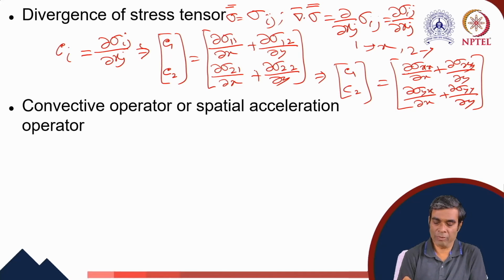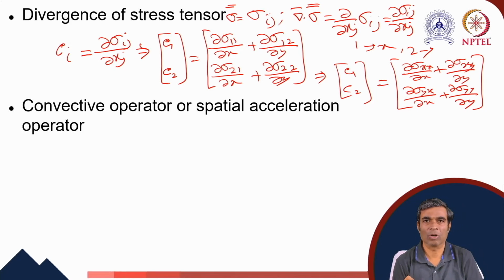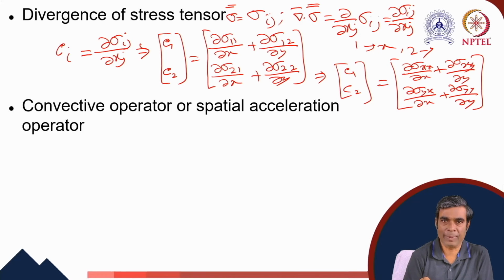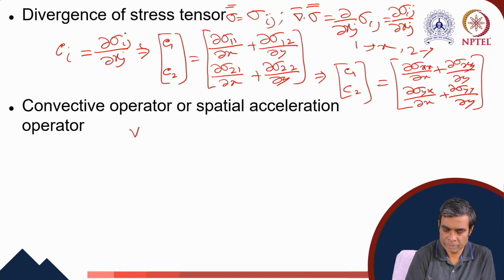And next we go for the convective operator or spatial acceleration operator. In the momentum equations, we get the acceleration term in the left hand side. Here we have 2 parts, one unsteady part or temporal part and one spatial part or the convective part. So this convective acceleration, we generally write as v bar dot del operating on v bar.